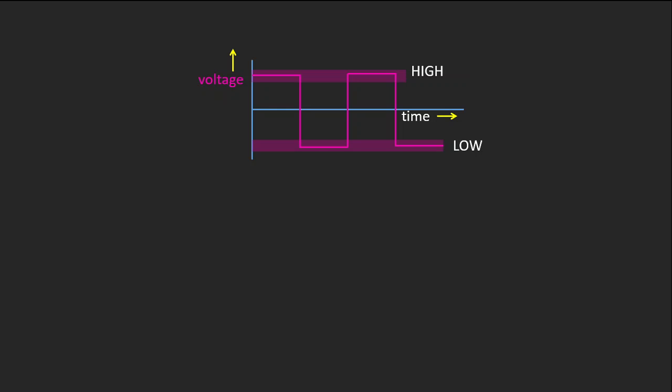Now let us see how. These high and low signal levels are called the binary digits 1 and 0 respectively. 1 is the high signal, and 0 represents the low signal. All other values between high and low will be nothing.